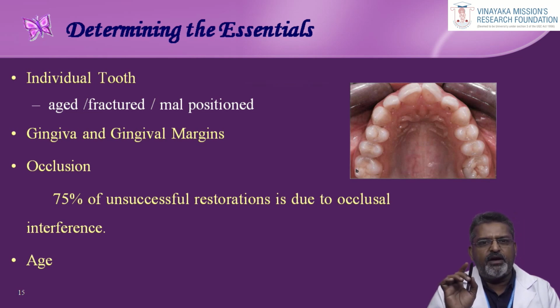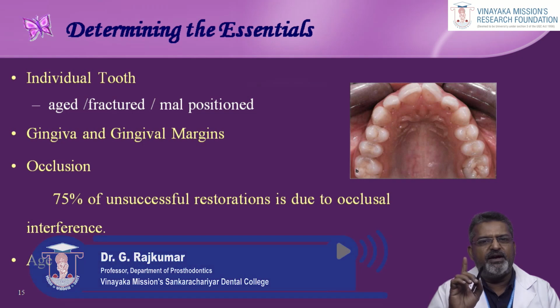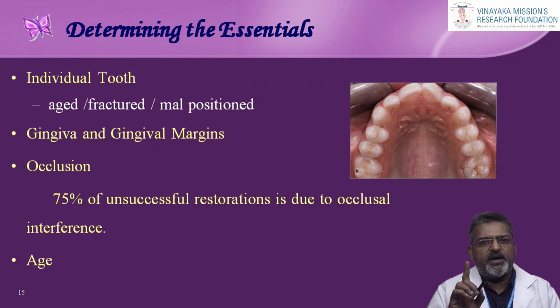Because if the patient is going to have a deep bite, when the patient has a protrusive movement, the protrusive movement has an interference. Generally I will be talking about what are all the types of preparation you can do. While I am talking about that, you will understand why I am talking about this occlusion.